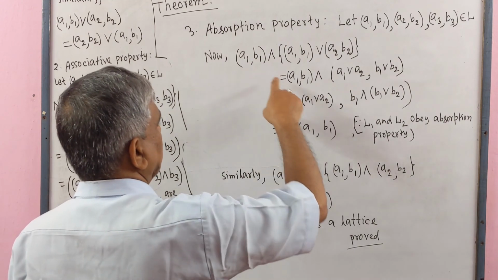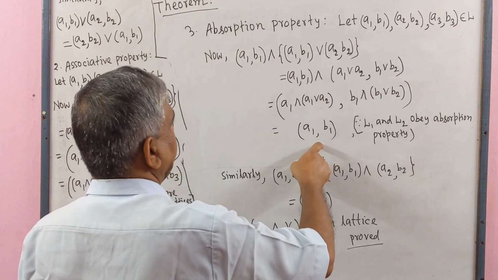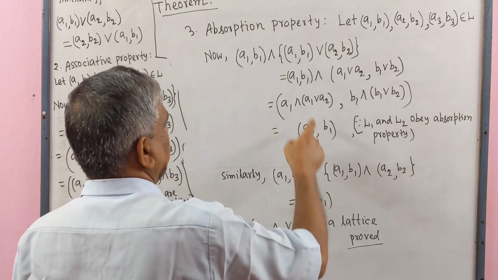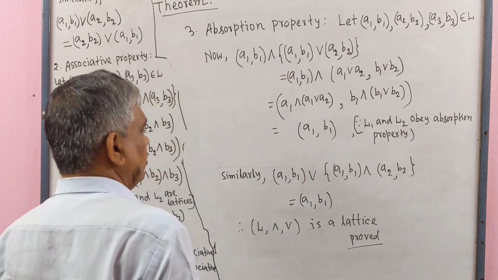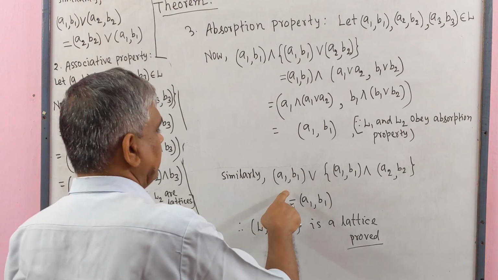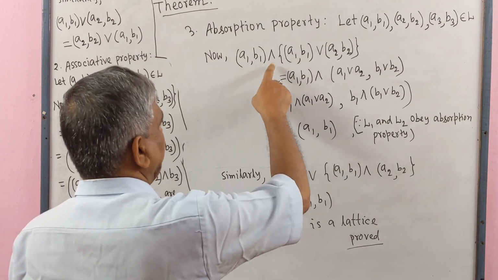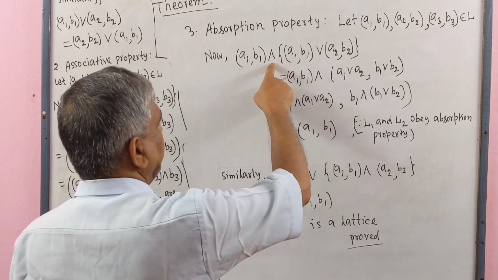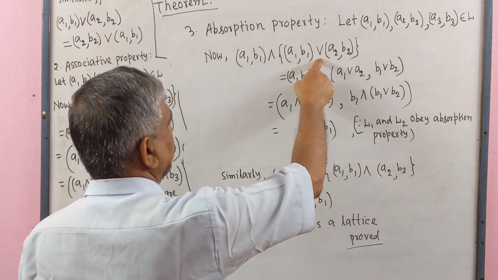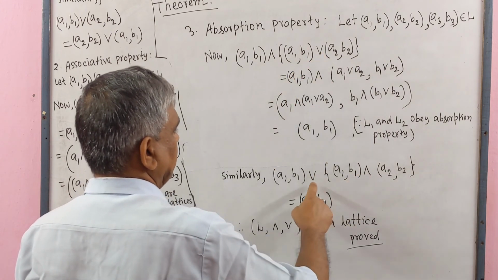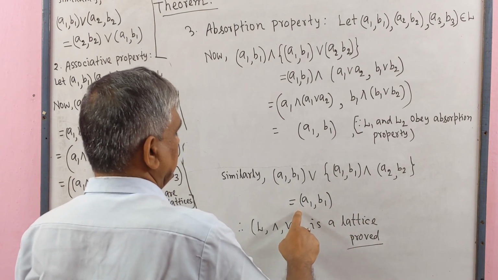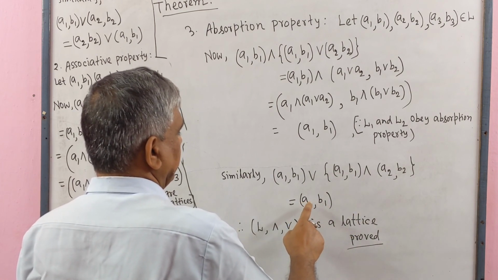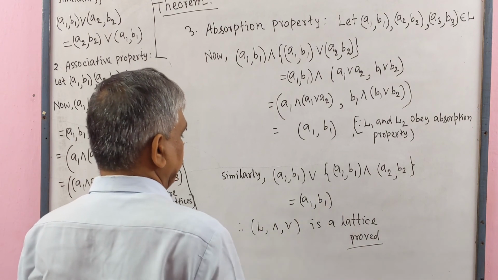So we get the absorption property in L. Similarly, we may show that with meet and join interchanged, this will also be equal to the ordered pair (A1, B1).